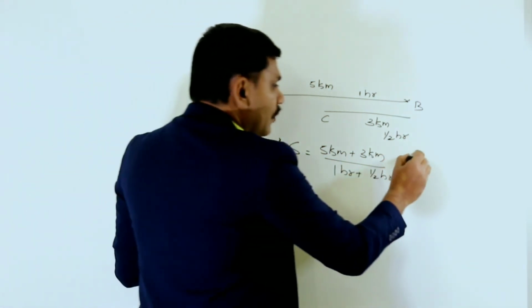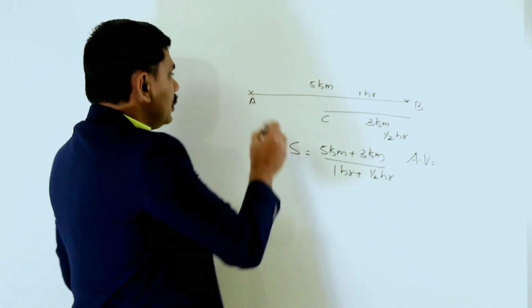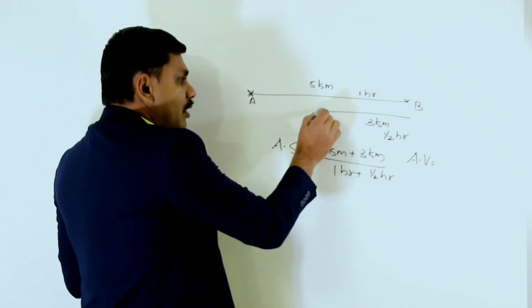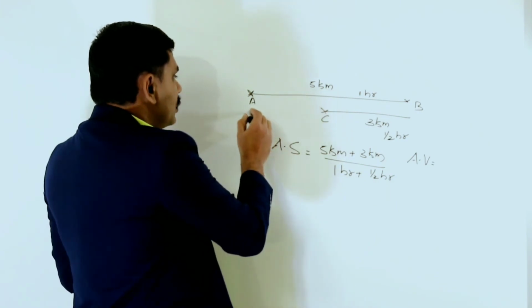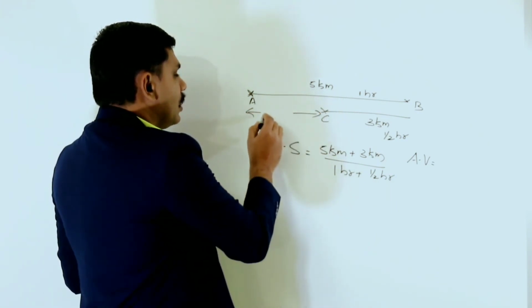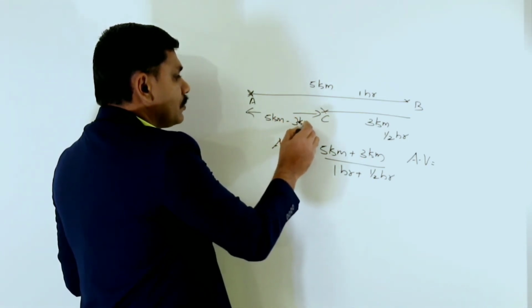Then what do you mean by average velocity here? What is the change in position? Here, this is the initial position of the object, this is the final position of the object. Then what is the change in position? From A to C, this is the change in position. That is 5 kilometer minus 3 kilometer.